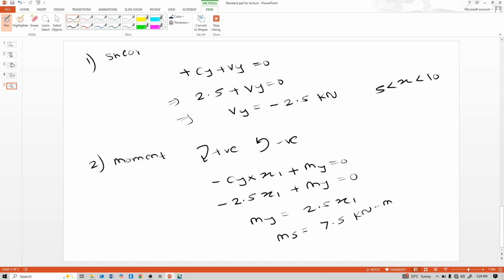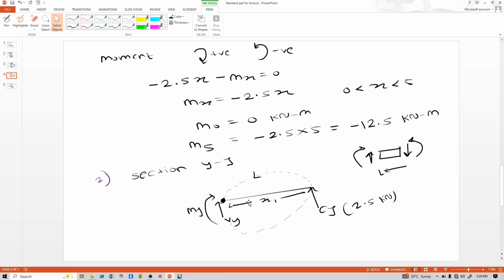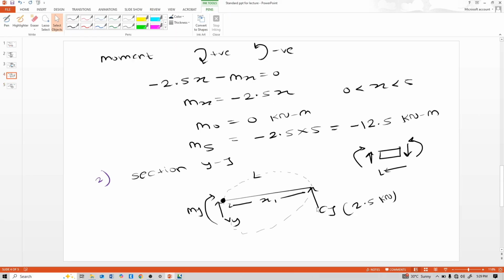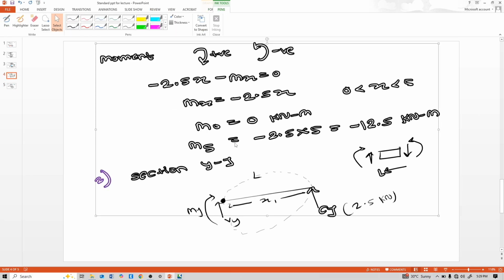kilonewton meter, and at 10, moment at 10 is equal to, see, something is wrong here, minus Cy into, no, 10, it is 5 only, it is 0 or 5. See here, this is 0.